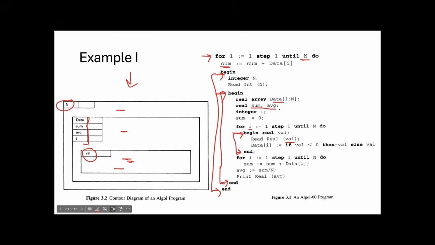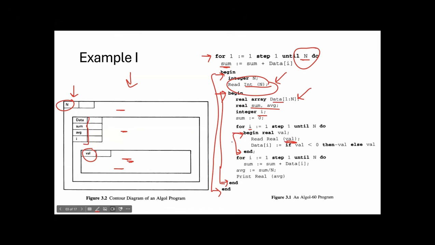It has the sum, average being declared. It has the I that is being declared. And the outer block here actually has this I being declared, not this outer I in the for loop. It is actually this name that is being declared. So this is the outermost one declared in, and then in the one in the middle, we have data, sum, average, and I, and then the innermost one will have the val being declared.